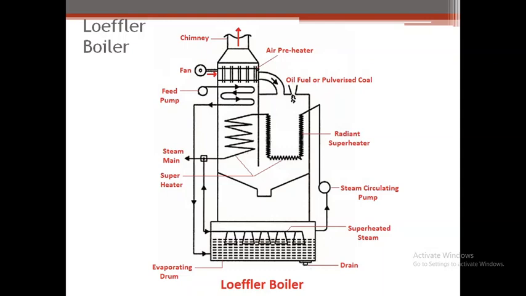Water feed pump, air preheater, blower, economizer, evaporating drum, steam circulating pump or centrifugal pump, radiant superheater, convection superheater, turbine, mixing nozzle, chimney, drain, safety valve, water level indicator, pressure gauge, visible plug. Okay, so let us see the function of each part.